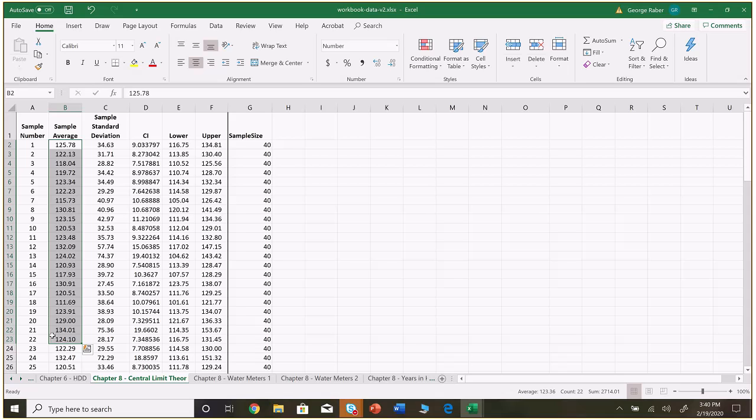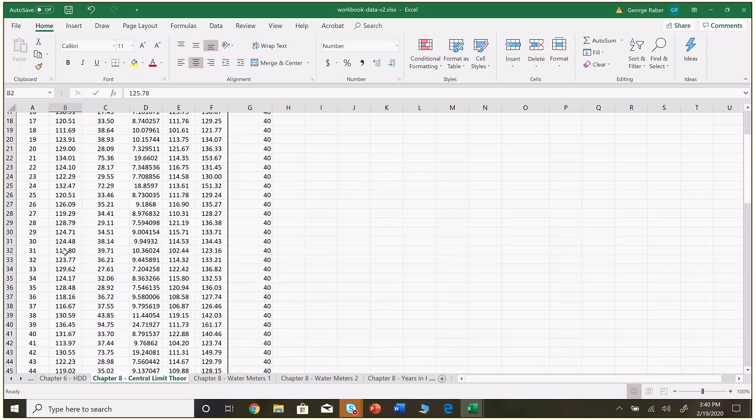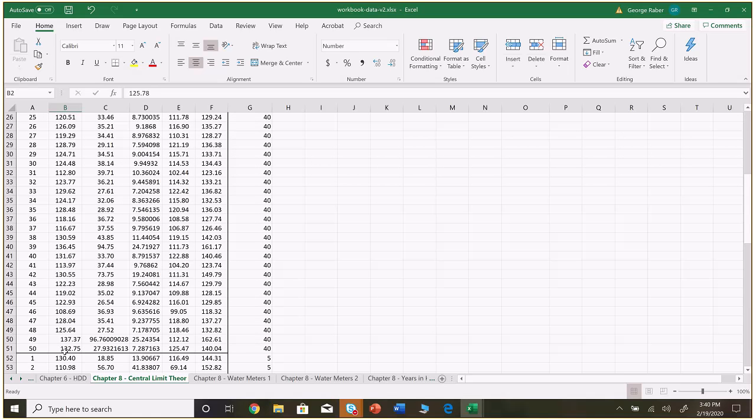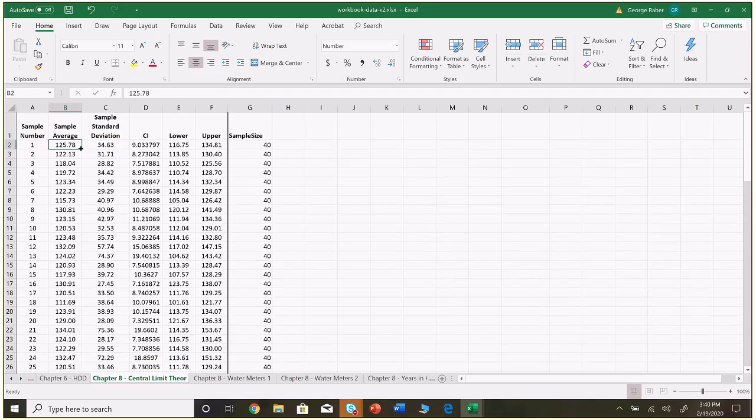How many do we have? We have 50 of these. So 90% of the time, the average of this column should fall within that interval based on theory. So you're going to figure out how many times it does fall into that column.